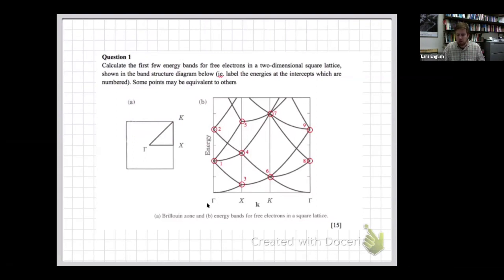Okay, so the point I'm trying to make next is that we can extend this fairly easily to 3 dimensions. In the end, our real crystals are all going to be 3-dimensional.